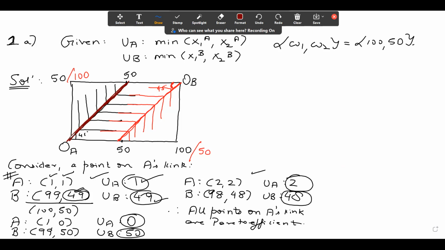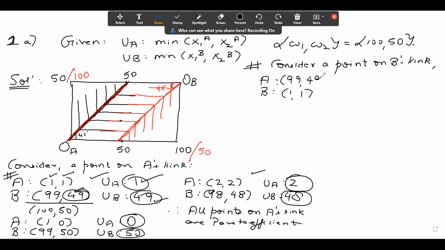Now let's look at B's kink. Okay. So consider a point on B's kink. If you look at B's kink, guys, now B has 1, 1 and A has 99, 49. And you can use the same logic.